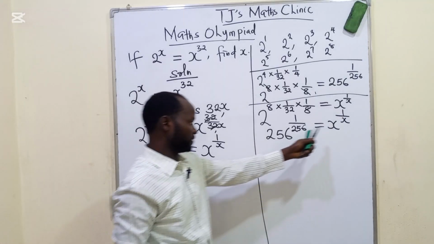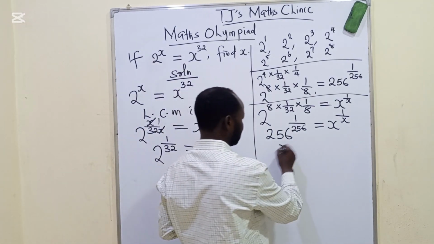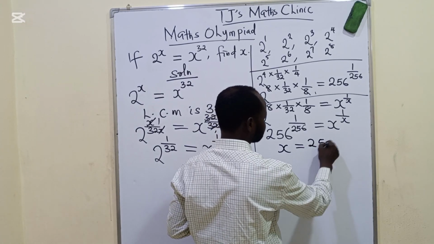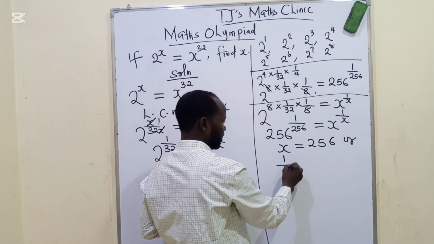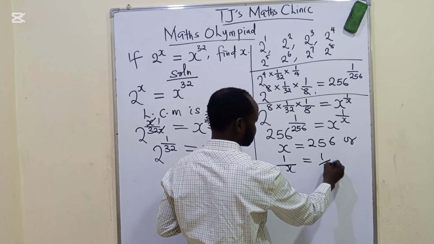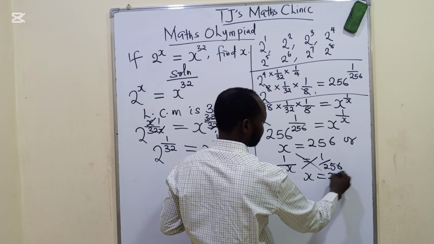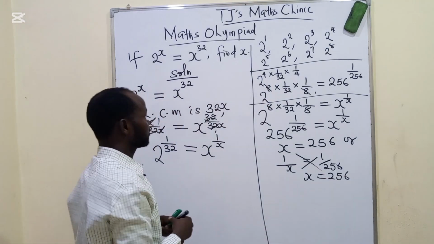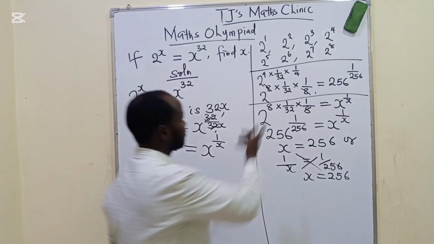Clearly here, by comparing, x is equal to 256. Or we can say 1 over x is equal to 1 over 256. When we cross multiply, we still get x as 256. Very important. So the value of x is nothing but 256.